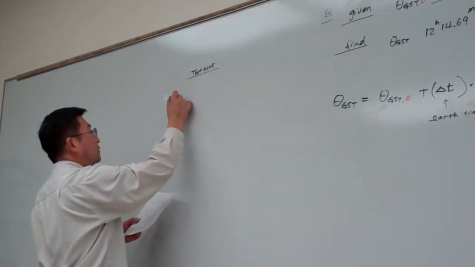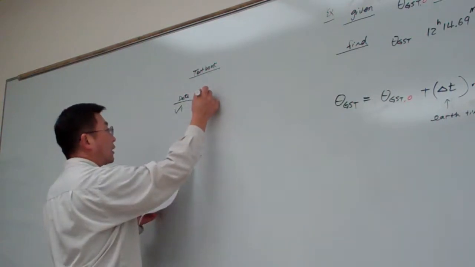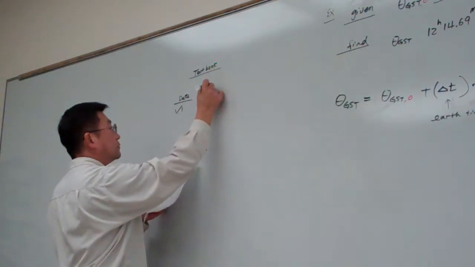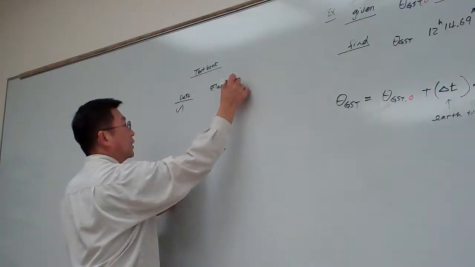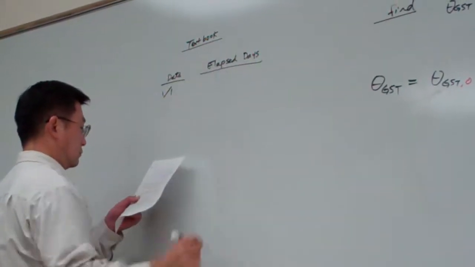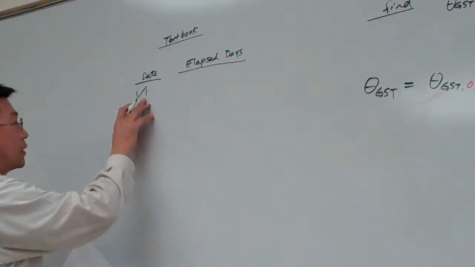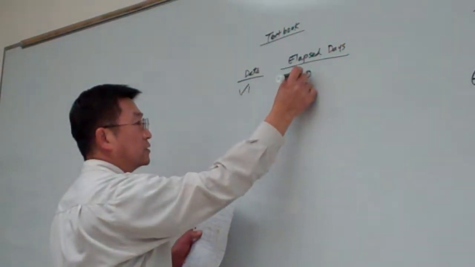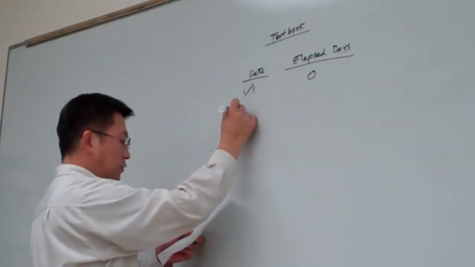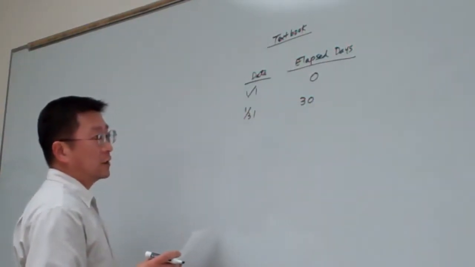Say this is a date, and elapsed days. Okay, say we're starting from January 1st. At that day, the elapsed days is 0, and then January 31st, the elapsed days is 30.